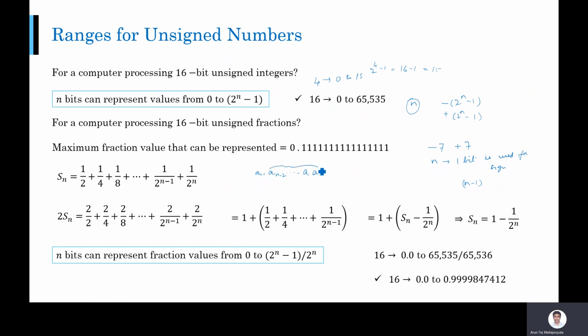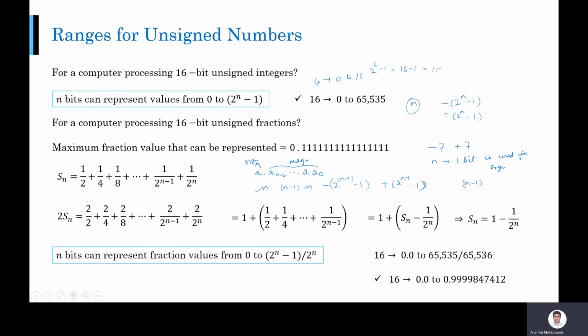Out of these, n minus 1 bits are for magnitude and one is for sign. Therefore, when you have n bits, the range will be from minus 2 to the power of n minus 1 to plus 2 to the power of n minus 1 minus 1, because 1 bit is used up for sign.